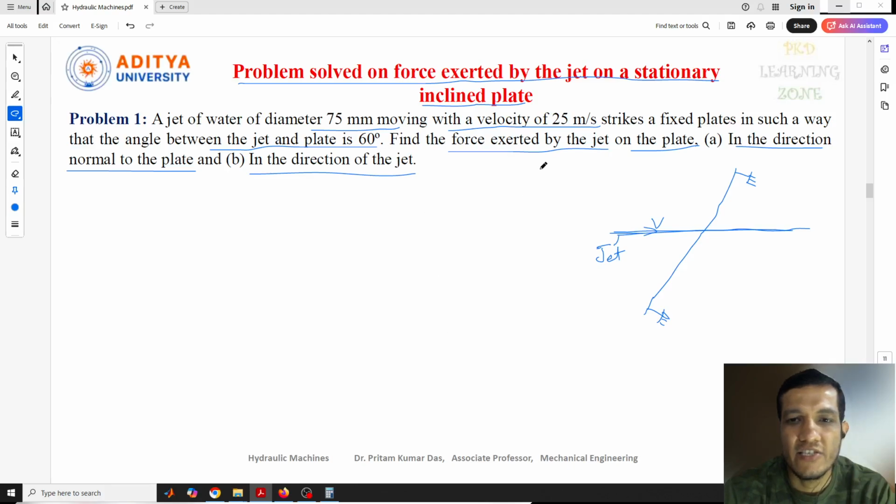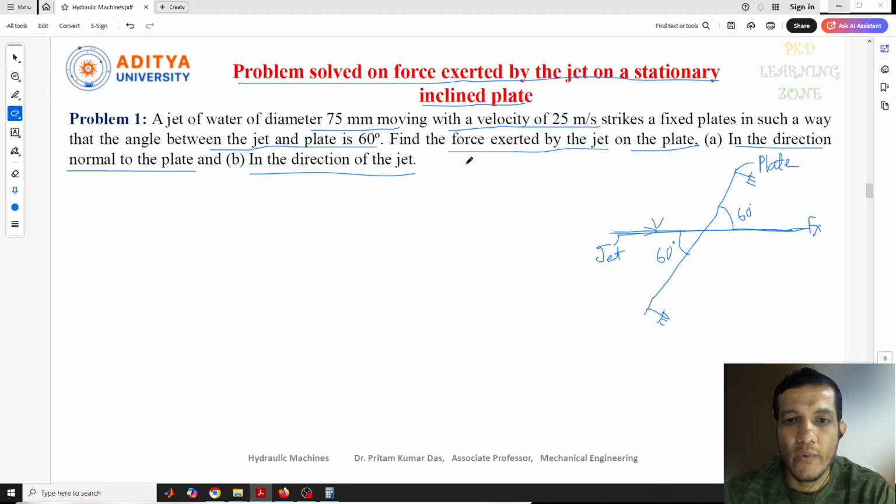If nothing is given for the plate, some velocity should have been given. If it is not given, then we can assume that this is the stationary condition. So this is the plate, and it makes an angle of theta, that is nothing but 60 degree, and this is the Fx.